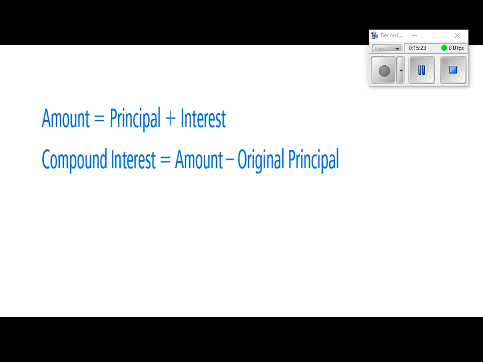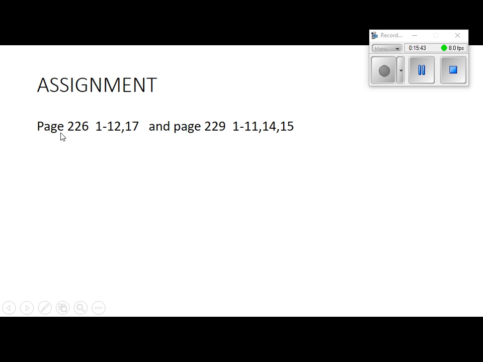All right, what we're gonna do, I'm gonna put up the assignment, and then we're gonna do some off the first page together, then we're gonna go back to the notes, so we're gonna jump back and forth, just so I can show you how to do the two different ways. Does that make sense? No? So write that down, get out a clean sheet of paper, write that down, we're gonna do a few off of page 226 together at first.